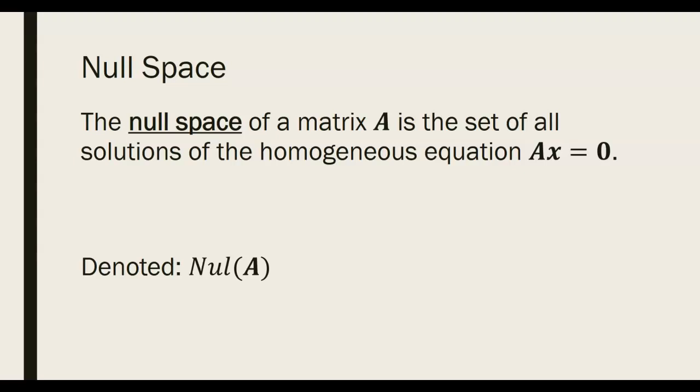So all solutions to AX equals 0 is the null space of the matrix A. Now we're going to denote the null space of A as NUL of A. So the null space and the column space are very common subspaces. The null space of A we denote by NUL of A. Column space is COL of A.